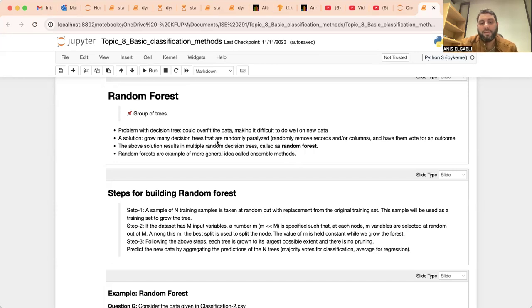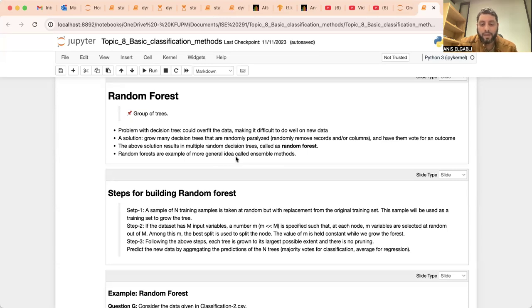The idea is to build multiple trees, and then do a majority vote on the outcome of these trees. That's where the name random forest comes from. You build multiple trees, and each one tells something about the label of an input sample, and then you do a majority vote and decide based on that.